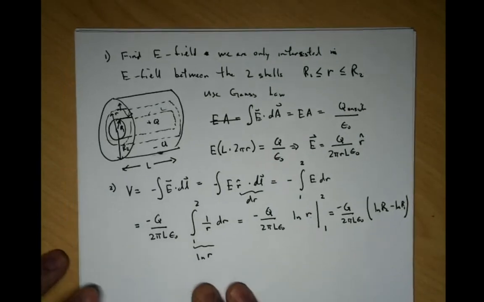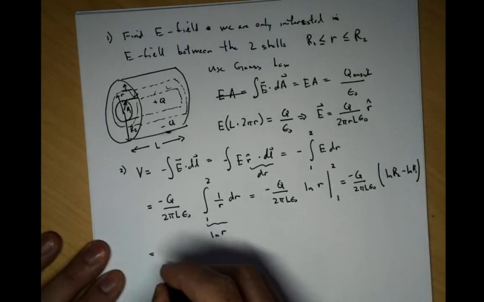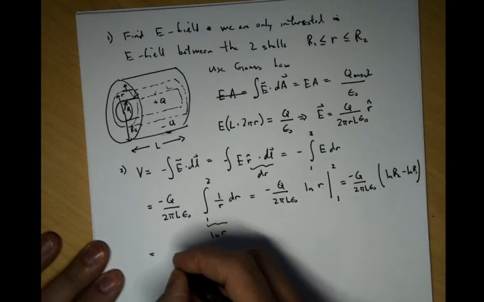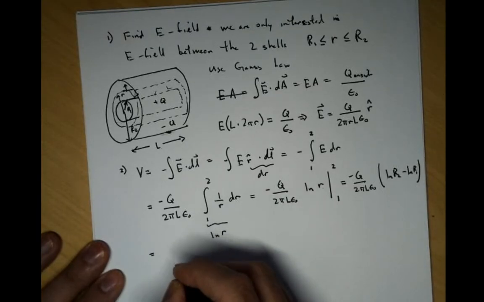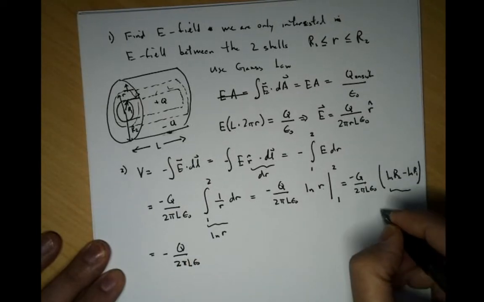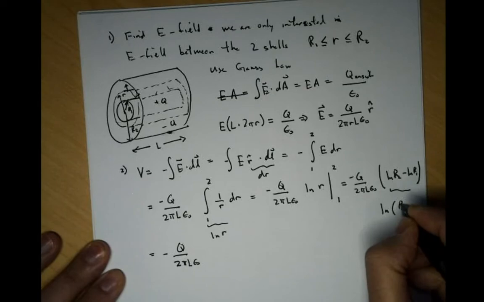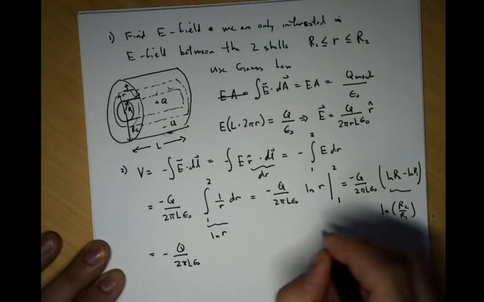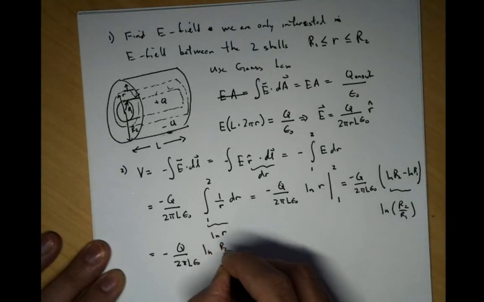And then this is going to be equal to minus Q over 2 pi L epsilon naught. This term right here can be written as logarithm of R2 over R1.